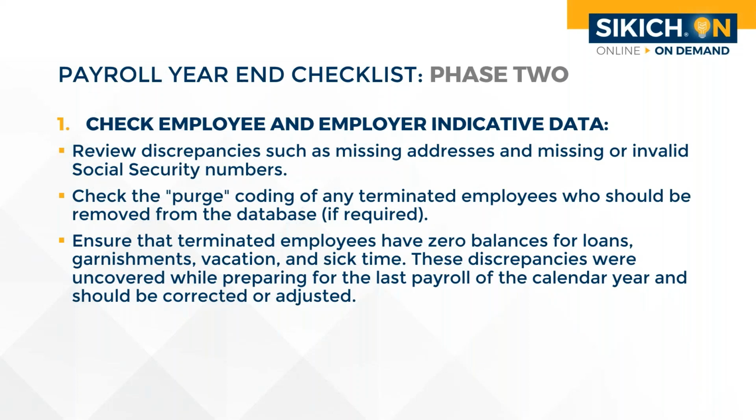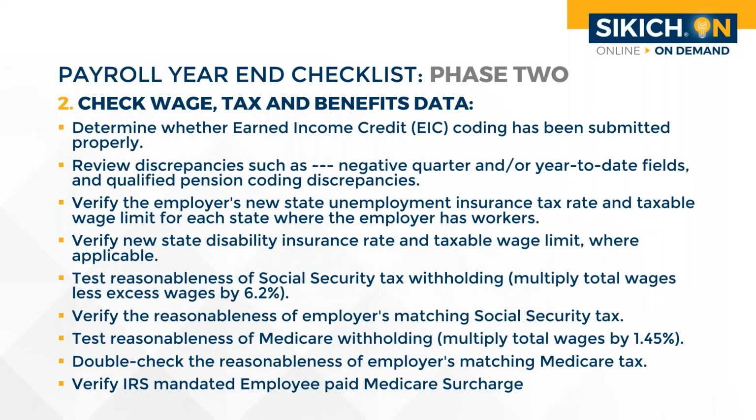Ensure that all terminated employees have zero balances for loans, garnishments, vacation balances, sick time balances, etc. These discrepancies may have been uncovered while you're doing the last payroll of the year. Make sure that you've gotten everything accounted for and adjusted.